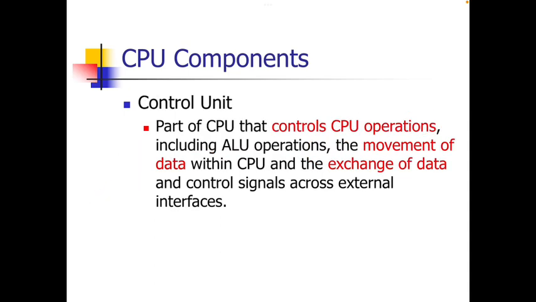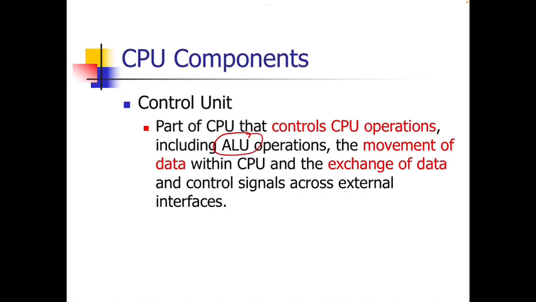Then in the CPU we also have what we call the control unit. This is the part of the CPU that controls CPU operation, and it controls our ALU and our other components.